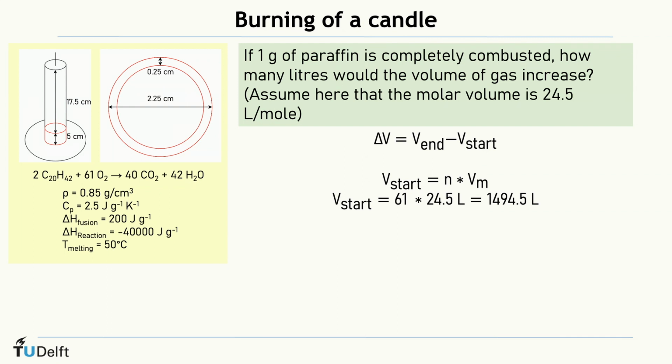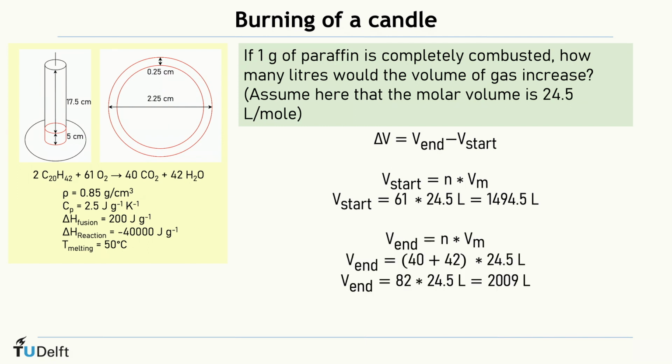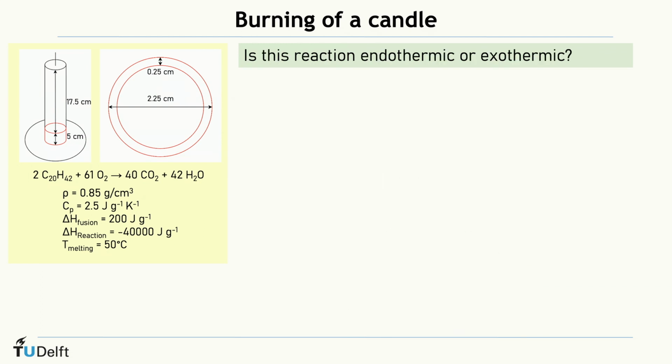Note that the moles of wax do not count because they are a solid phase and not a gas. In the same way, we can calculate the volume at the end. The change in volume can be calculated and gives an increase of 514.5 liters.